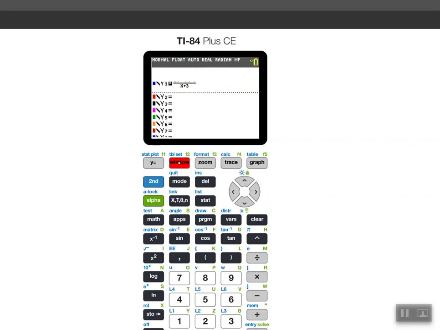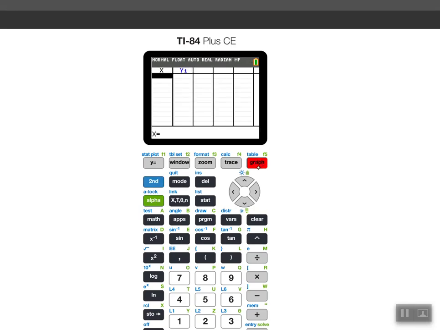We will go to our table set, and we want to make it ask us for the independent variable. Then we go second table, and notice there is nothing in there, and we type in the values we need.